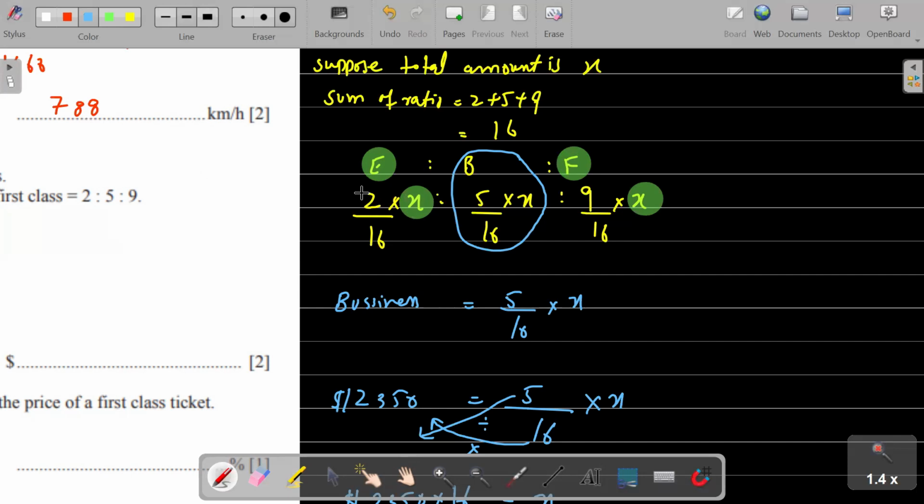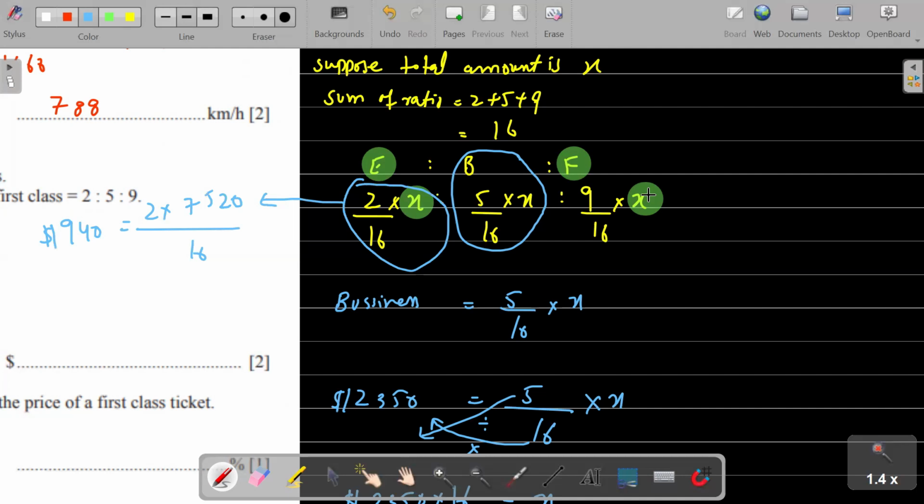Simply by putting the values, economy class is 2 times $7,520 over 16, so economy class is $940.